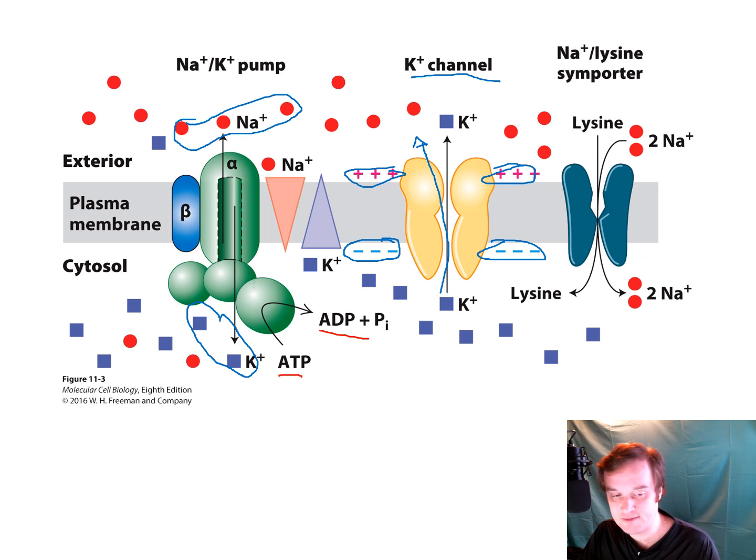And because of that, the third transporter, this sodium-lysine symporter, remember, 2 components going across the membrane together, because of this negative charge that's created on the inside of the plasma membrane, the sodium ions are going to want to go to the negative side, right? Because they're positively charged. So they'll go through this membrane to where it's negatively charged to try to balance that charge out. And in the process, they'll take lysine with them, because this is a symporter that requires 2 of these components to move across together.